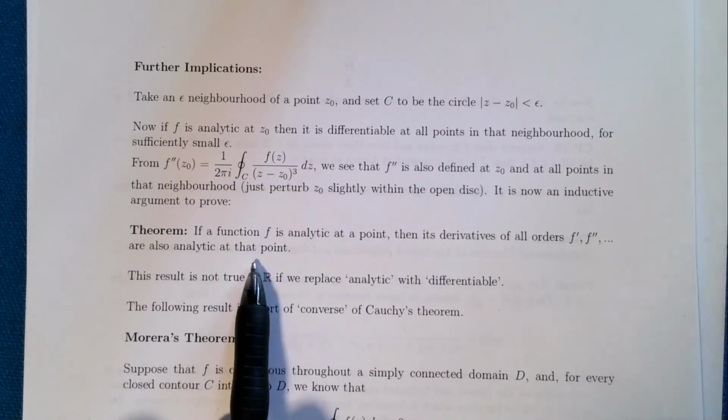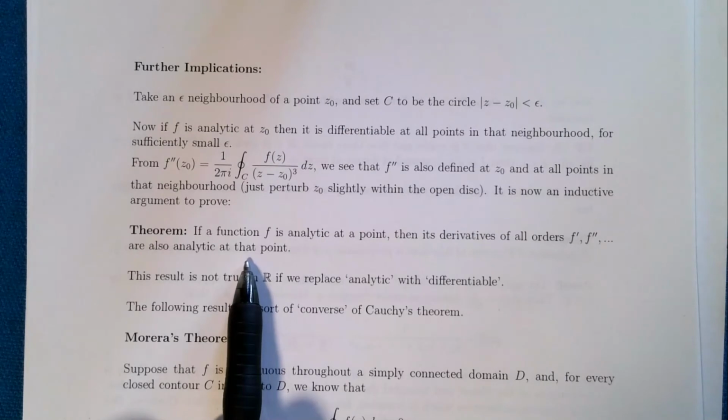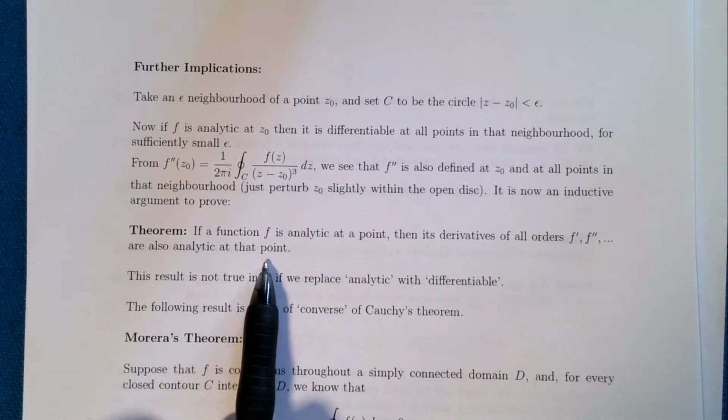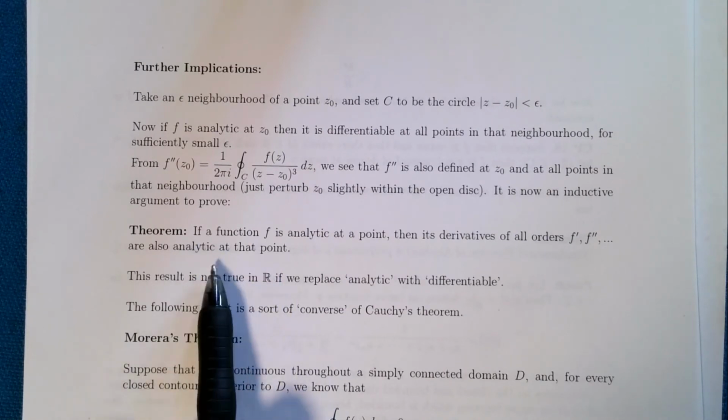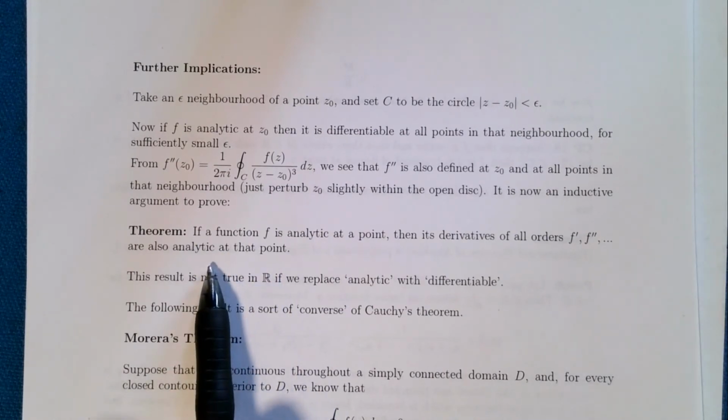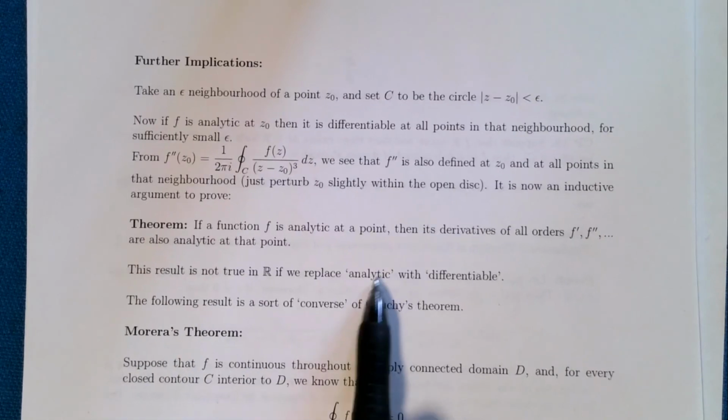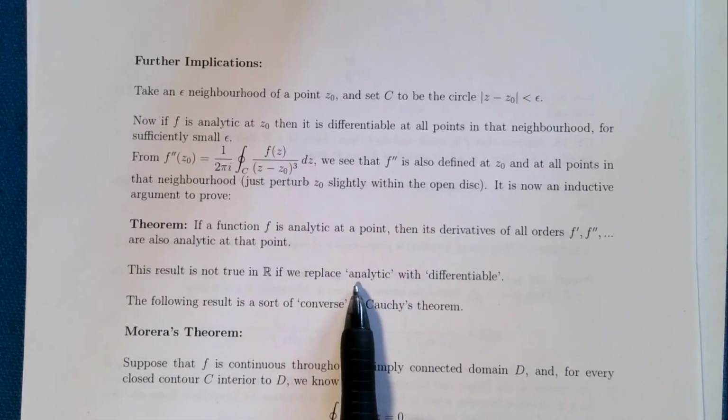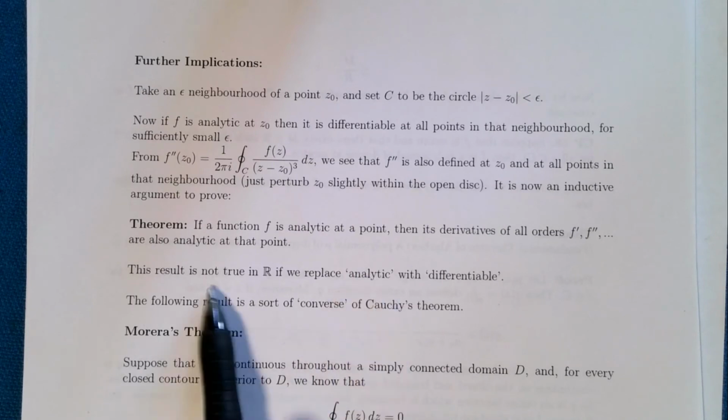Now that's not true in the real world. You can find plenty of functions that are differentiable at a point, but the higher derivatives are not necessarily differentiable. So this is a result which is only true for this word analytic. So analytic is much more powerful than differentiable, in fact. Analytic's not a concept that we have in the real world.